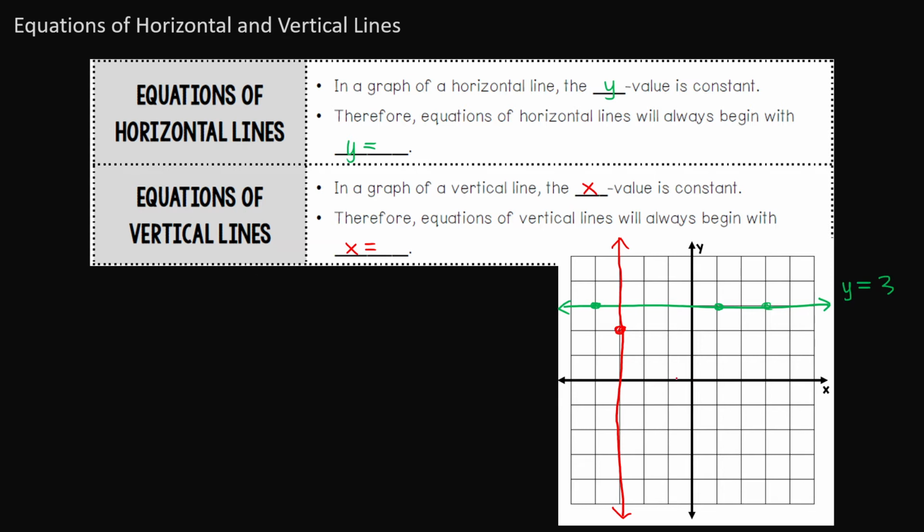Here's the coordinate negative 3, 2. Down here would be the coordinate negative 3, negative 3. In all of these coordinates, the x value is negative 3. So the equation of this line would be x equals negative 3.